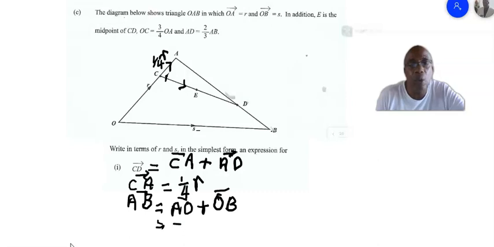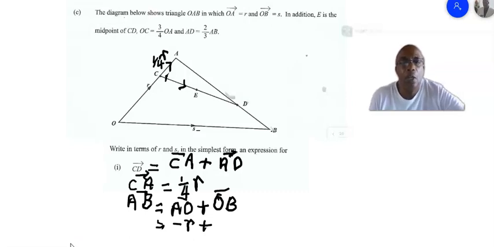So vector AO is minus R. So now what is vector OB? We know it, it's there. Vector OB is S. And so therefore vector AB is minus R plus S.